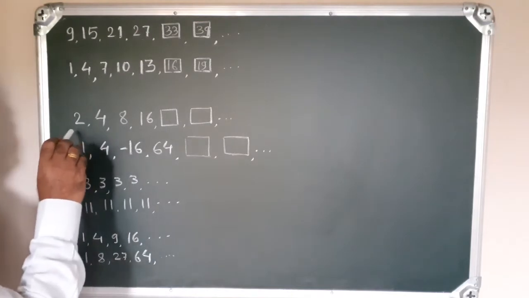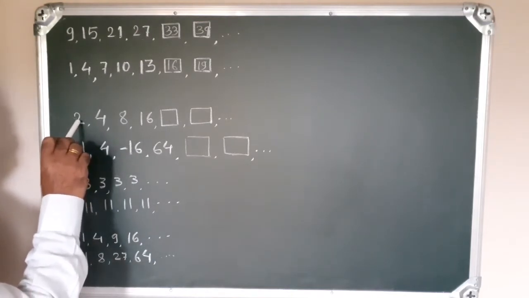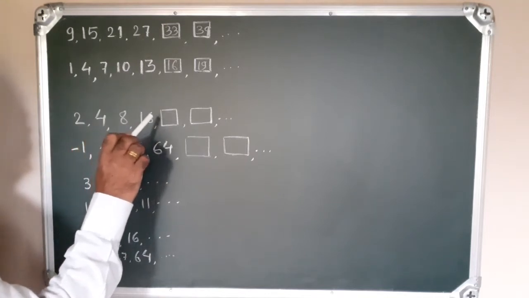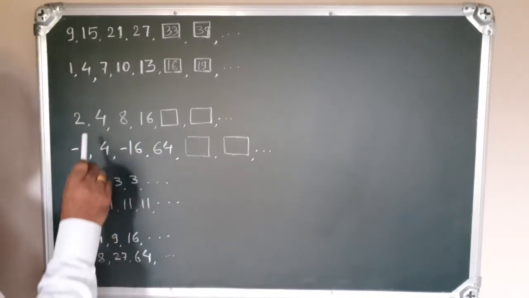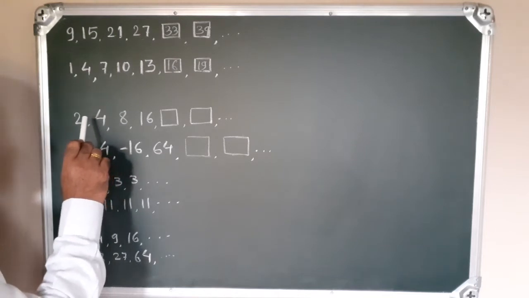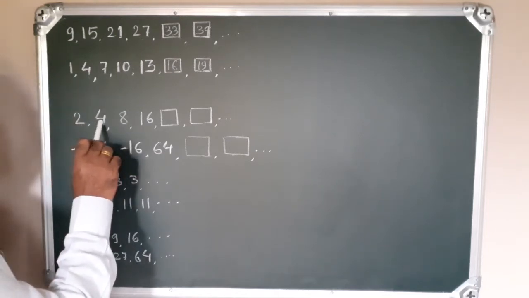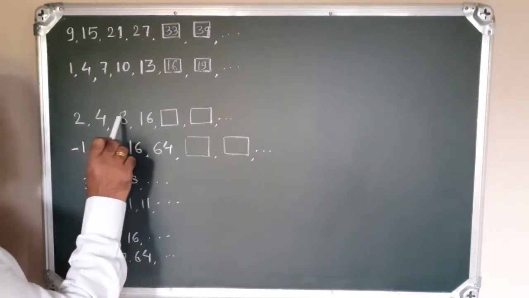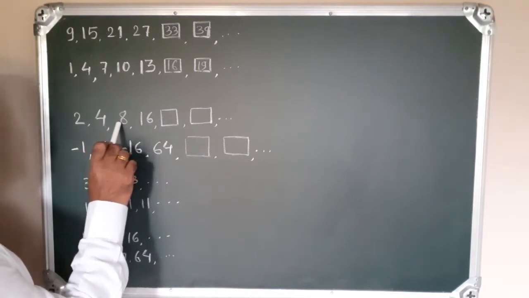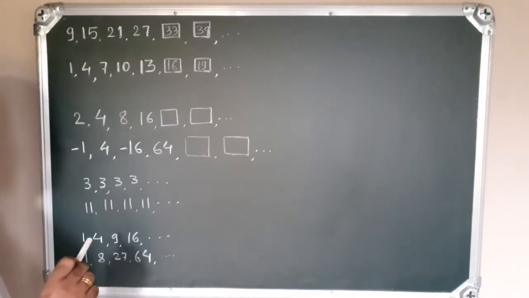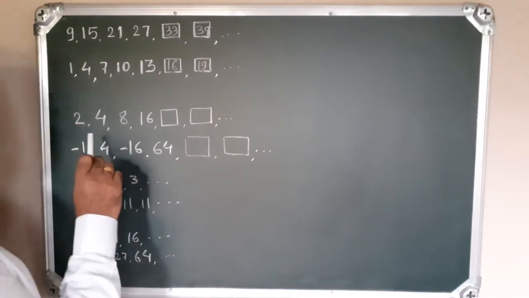Now see here. Here there are terms 2, 4, 8, 16. If we subtract 2 from 4, we get 2, and 4 from 8, we get 4. So there is no common difference here.